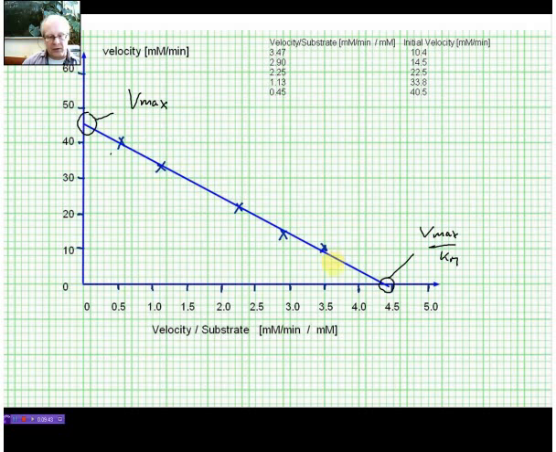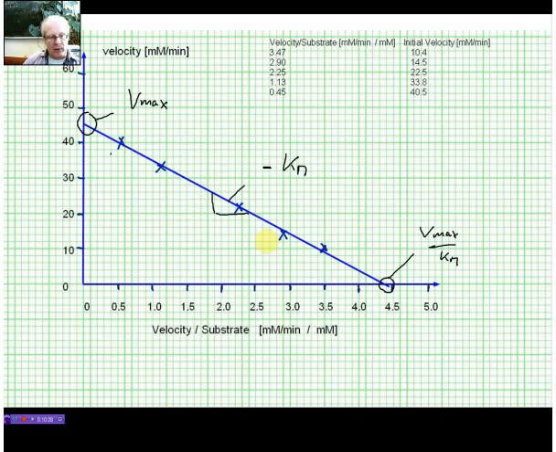And from the gradient, we can very easily determine the gradient here. We know that the gradient must be minus Km. We know that Km is always positive, but the gradient here, because it goes down, would be negative.